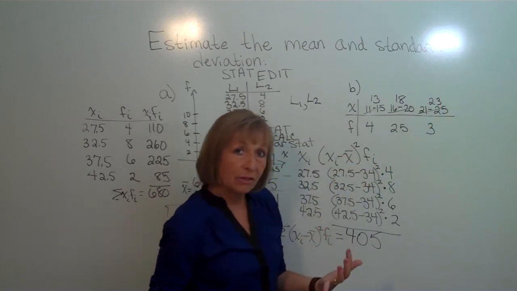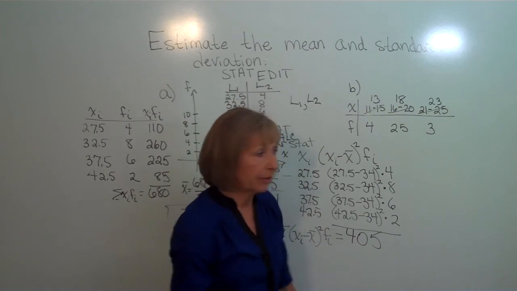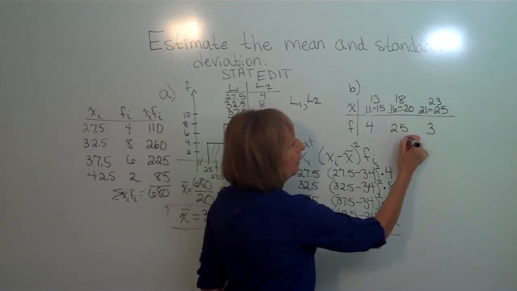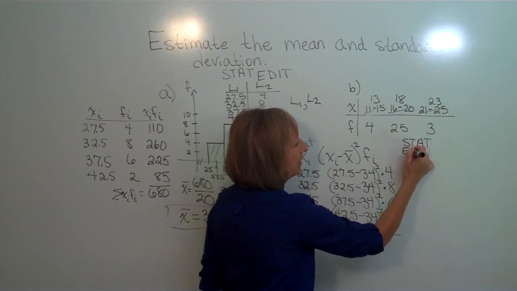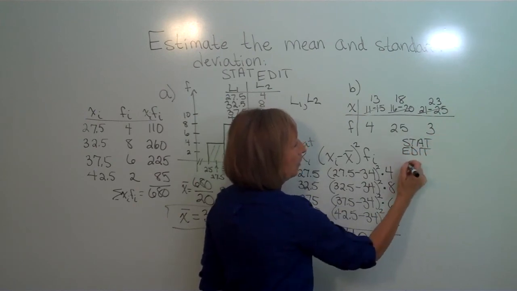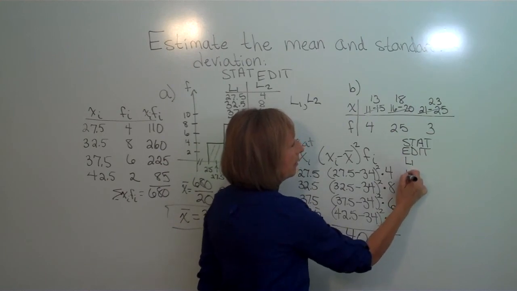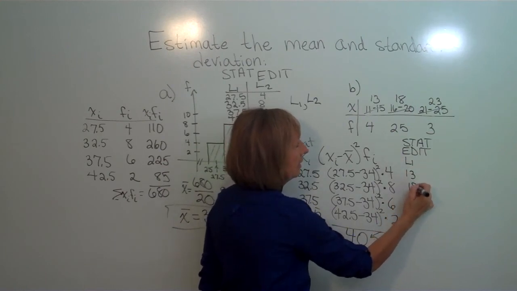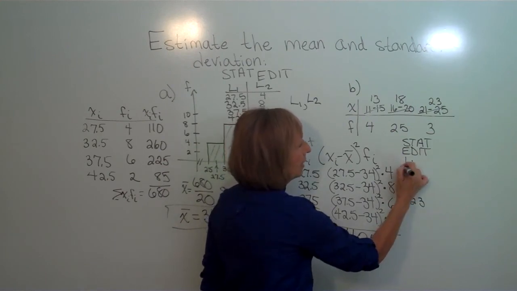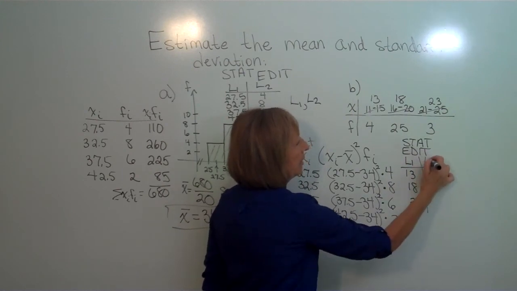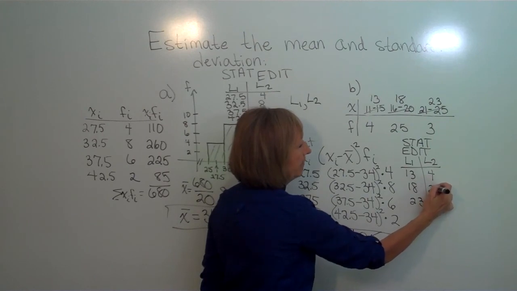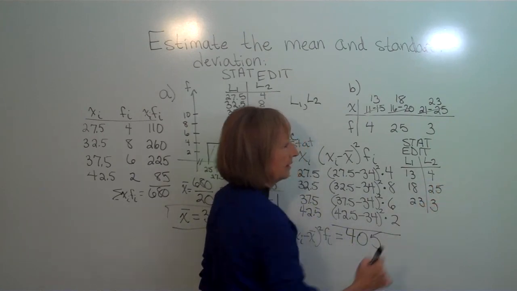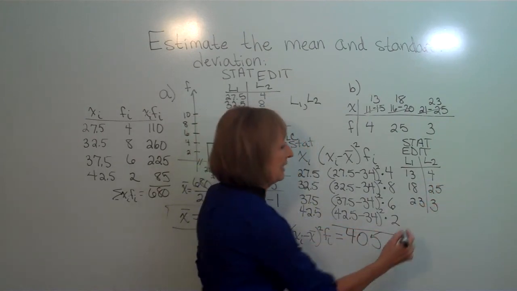So when we go back to the thought process of using our calculator, then we're going to push Stat, and then under Edit, we're going to put the 13, 18, and 23 in our L1. In our L2, we're going to enter the 4, the 25, and the 3. And then we push Stat again.